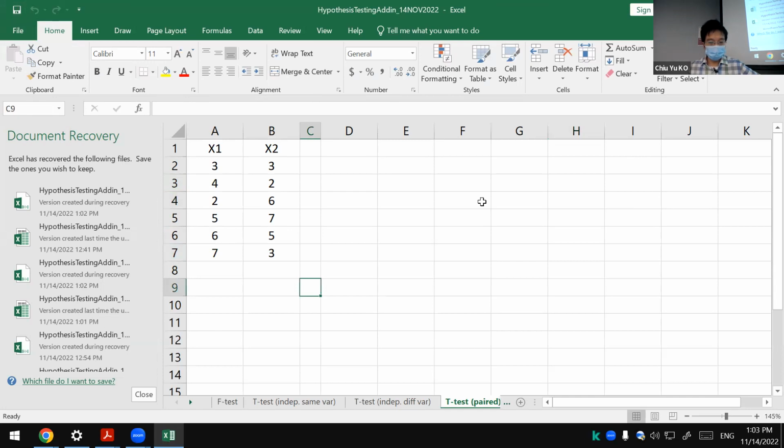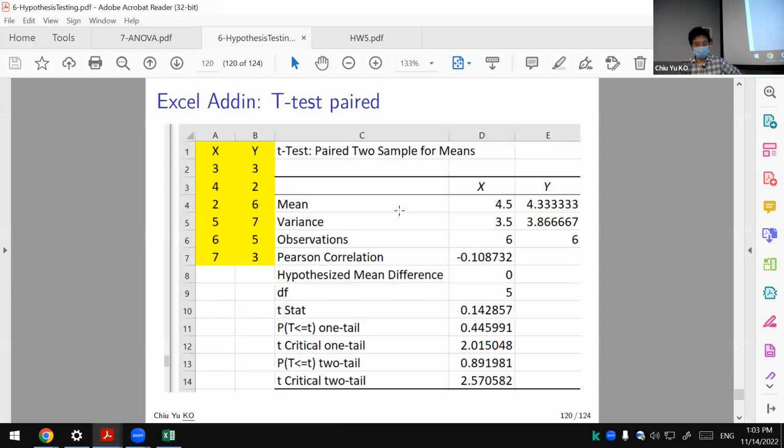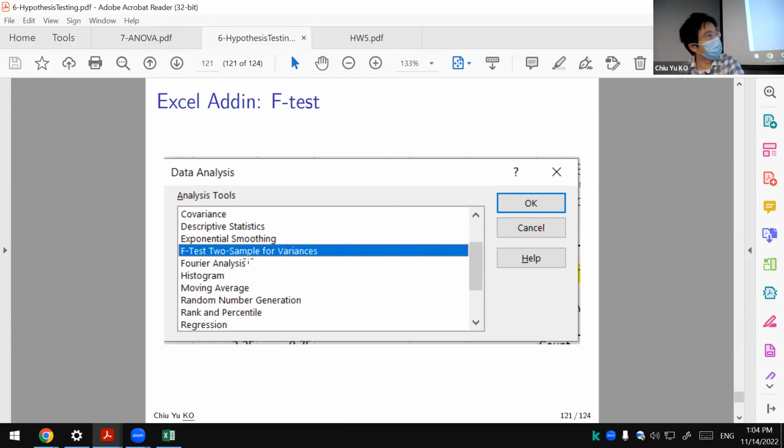I think it's okay. You can just try it at home. I think it's already here. This is the output, and it gives you the standard output the way we have done. So I'm not going to do it because I think Excel has an issue, but I guess it shouldn't be an issue for you. And you can do the same for the F test.